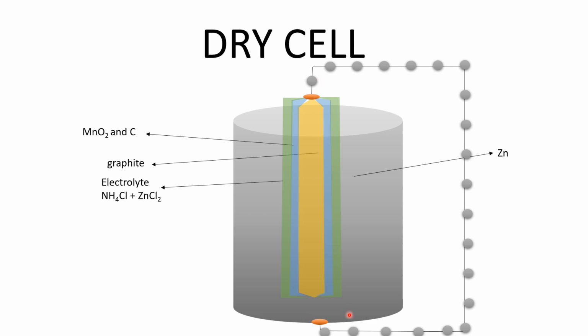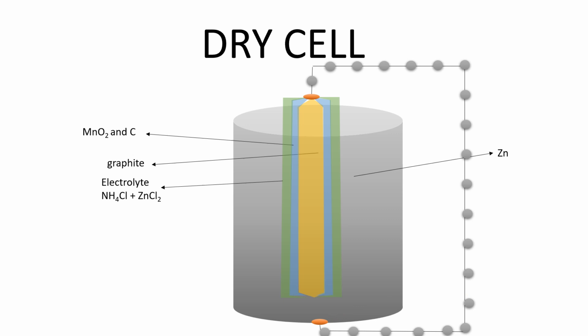Now, in order to make the electrons flow in the wire, we will connect the upper cap with the lower cap. MnO2, that is this, will work as the cathode while the zinc will work as the anode.